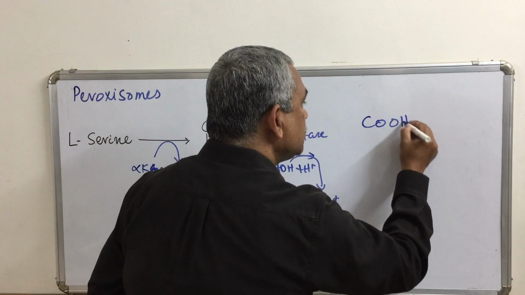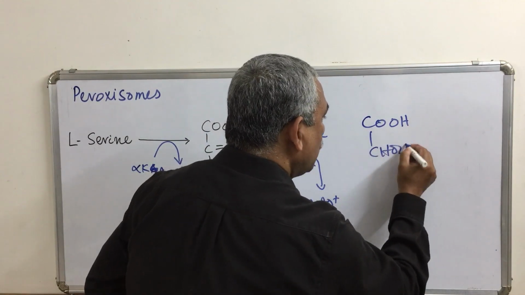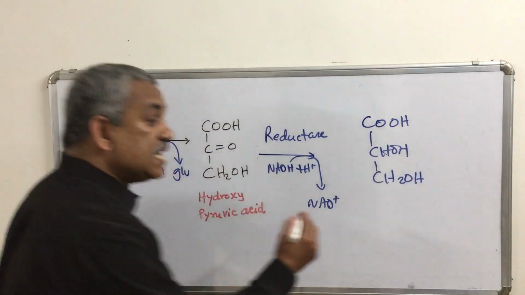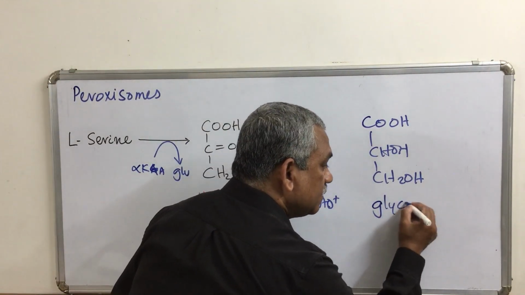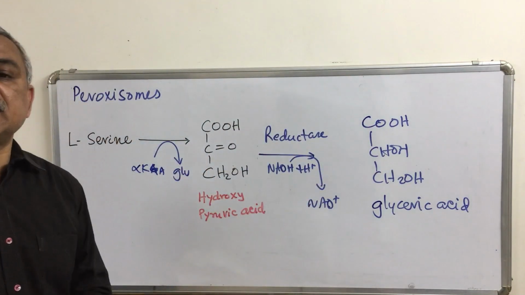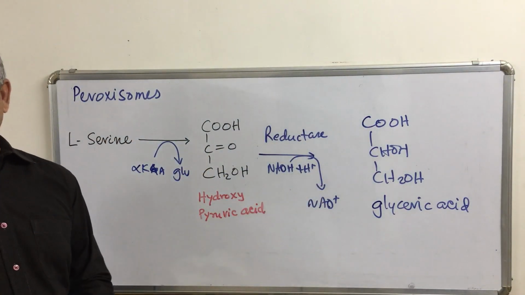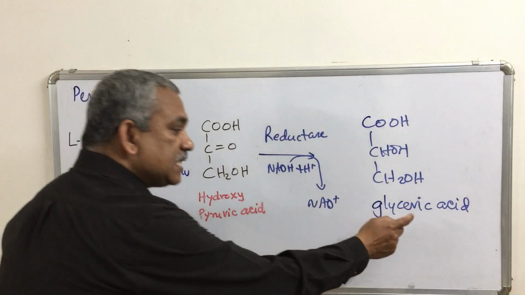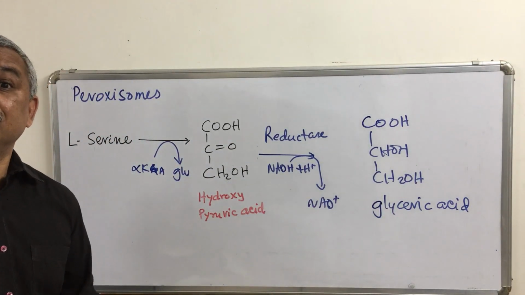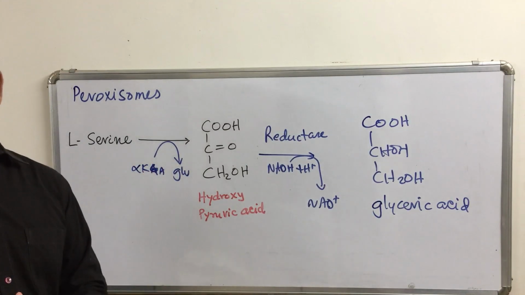So we have this product, CHOH and CH2OH. This is glyceric acid. All these reactions are happening in the peroxisomes. Now the glyceric acid from the peroxisome will be transferred back into the chloroplast.